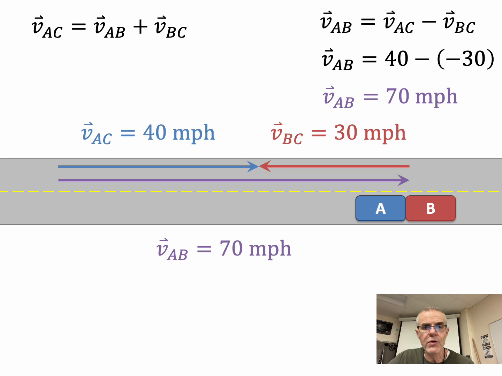It also, once again, would satisfy our original relative motion equation. Like the three vectors shown are head to tail. The purple plus the red is equal to the blue head to tail.